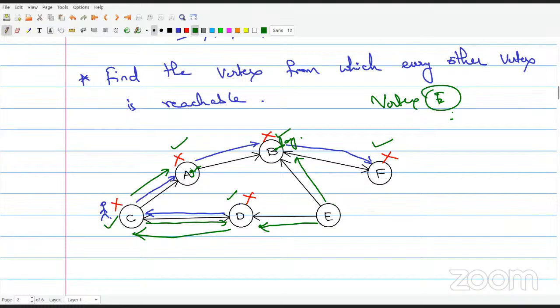In real life, we will take these cities as the vertices, and we will plot the direct flights as the edges, and we will look at how efficiently I can reach another city, or whether I will be able to reach another city or not.